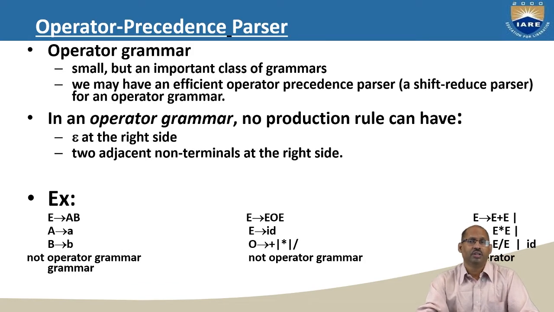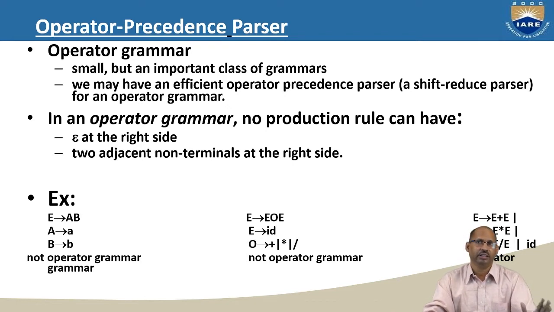In this operator precedence parser, we use the operator grammar. What is the operator grammar? The operator grammar simply says that no two variables are adjacent.